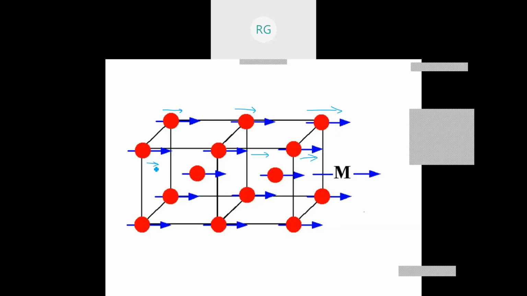Therefore, the crystal structure is important in giving different types of magnetic materials. In ferromagnetic materials, the adjacent atoms in the lattice unit cell have dipole moments, or magnetic spins, aligned in the same direction.